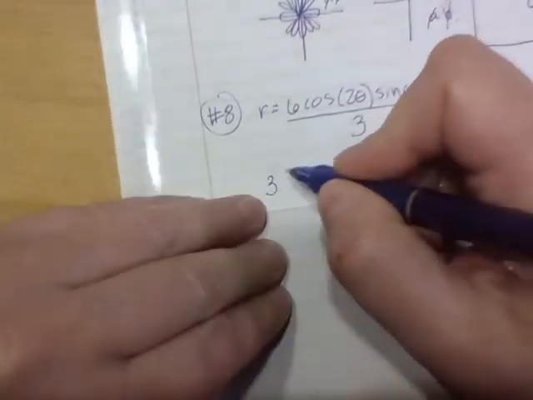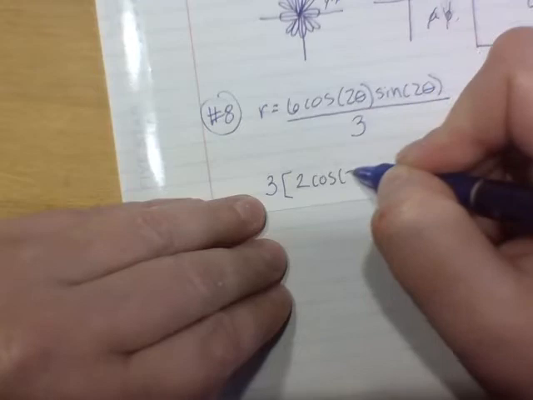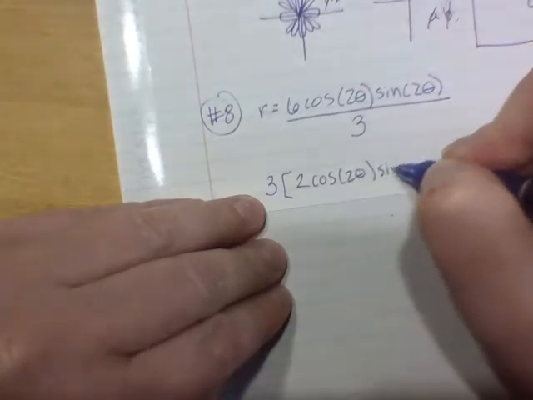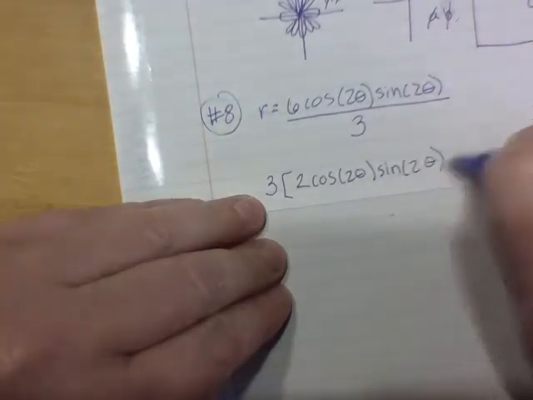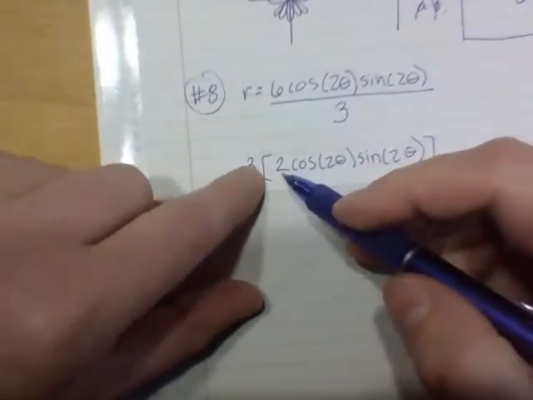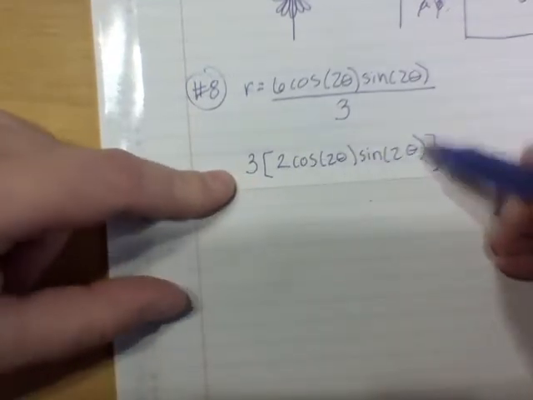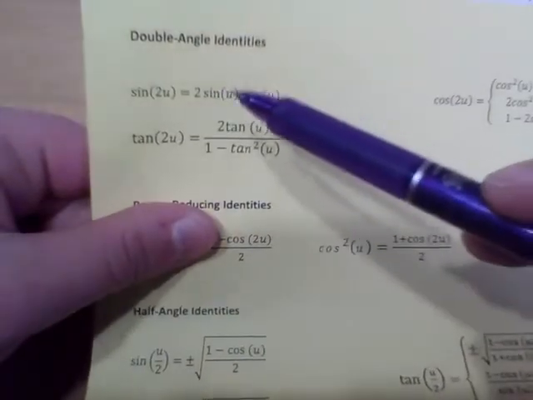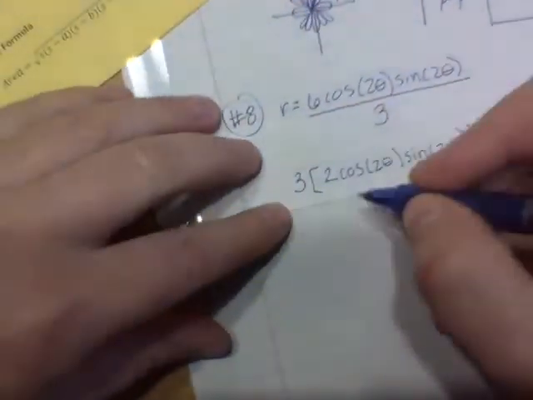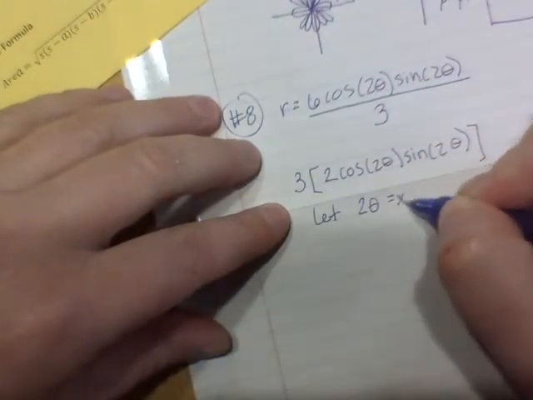So we've got a 3 out front, and then we're left with 2, still cosine 2 theta, sine 2 theta. So all I did was change this number out front, kind of, because it's a 2 now, but there's still a 3. Then what I'm going to do to make it look more like what's happening here is I just want one variable inside here. So in that case, I'm going to let 2 theta equal x.